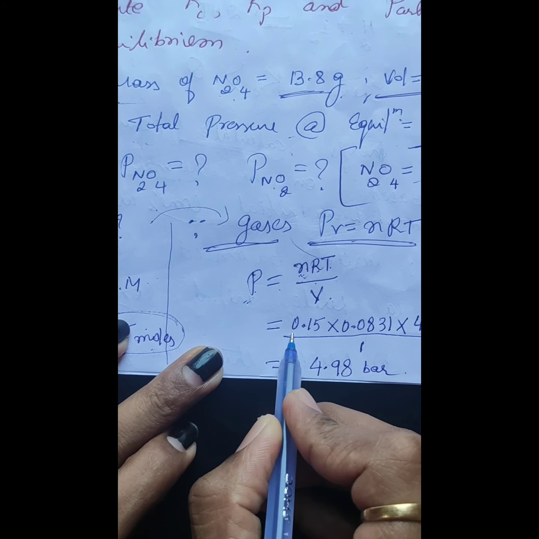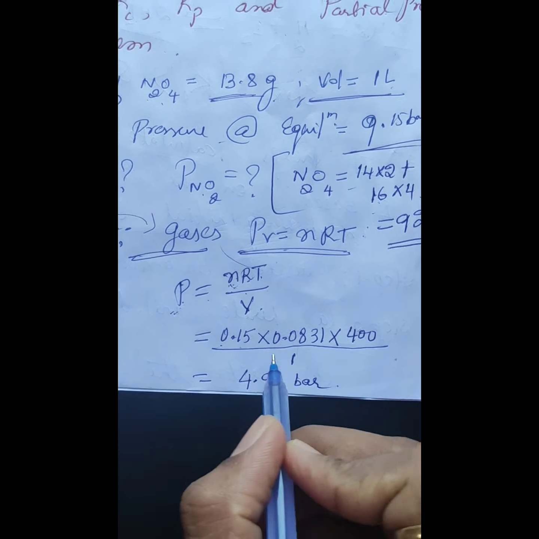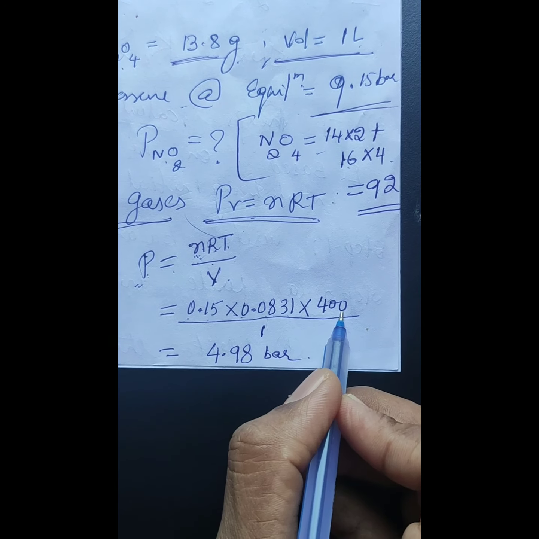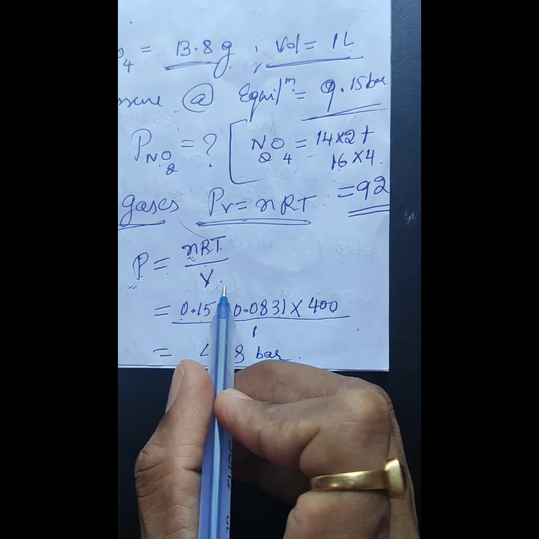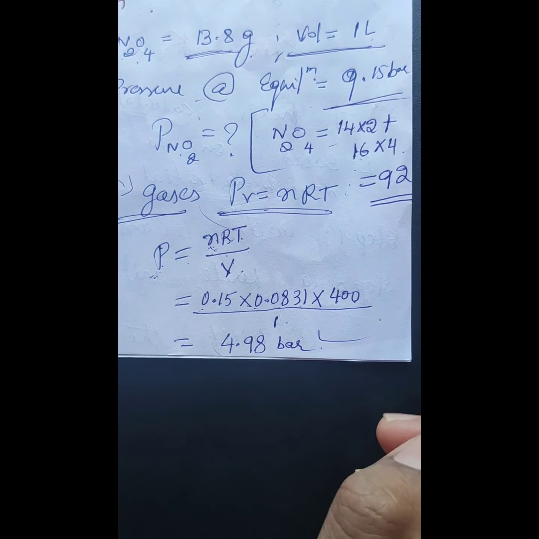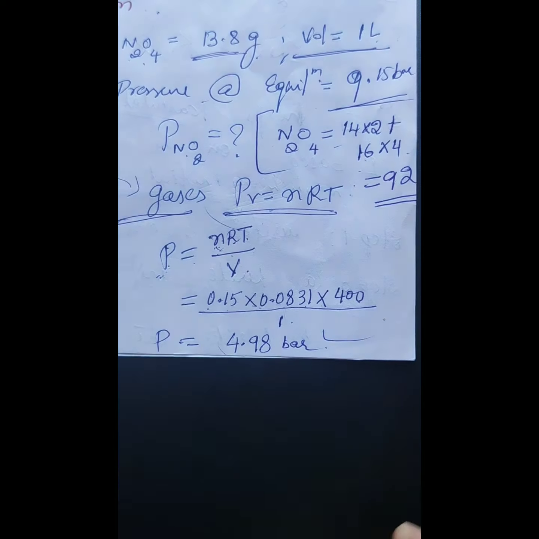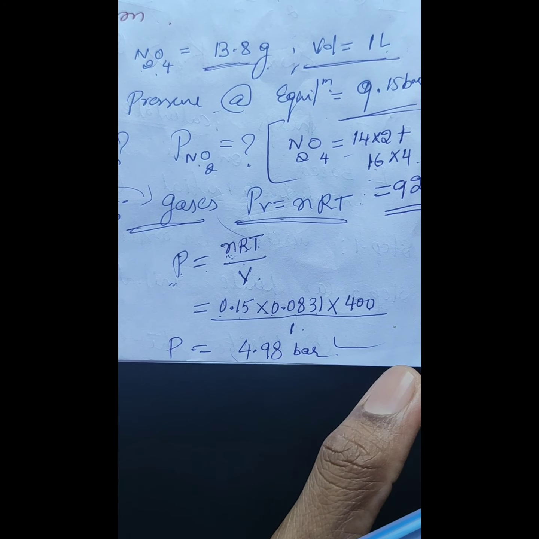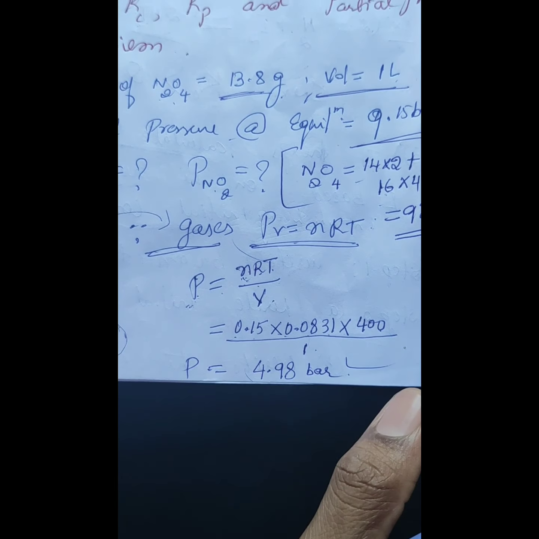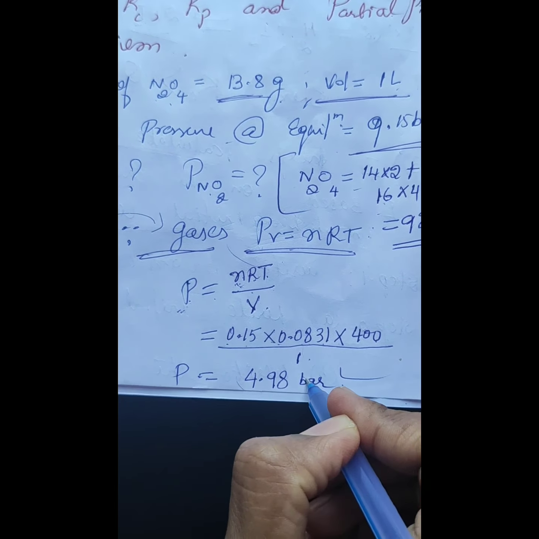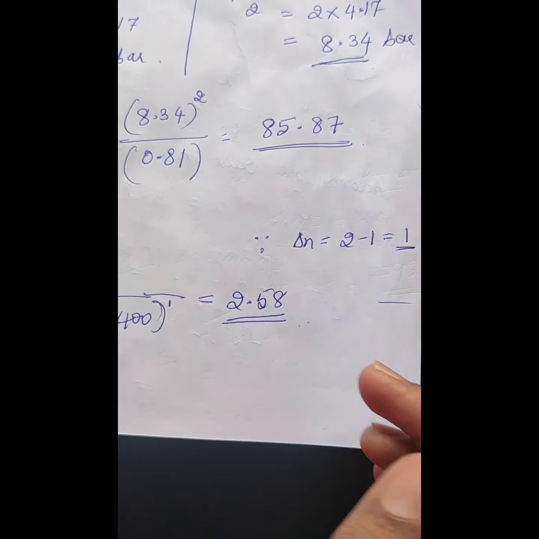The n value is 0.15, the R value is 0.0831, into temperature 400, divided by volume 1, and simplify. What is this? This will be the P value, which indicates the initial pressure, because the reaction given is in terms of gas.